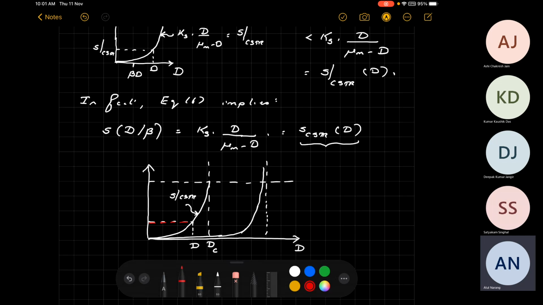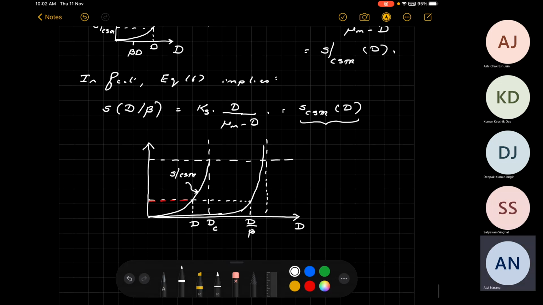The relationship I have just shown says that in a recycle reactor, the same concentration will be attained at a much higher dilution rate D over beta. So a given concentration, if it is attained at a dilution rate D in a chemostat, will be attained at the dilution rate D over beta, which is much bigger because beta is less than 1.